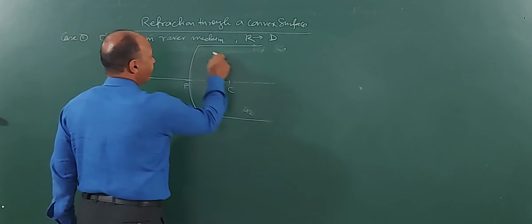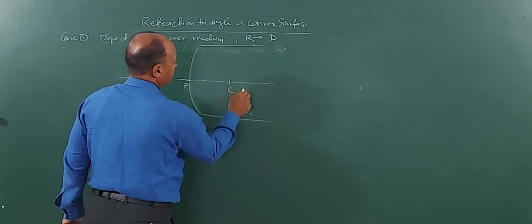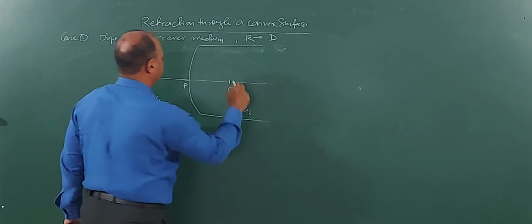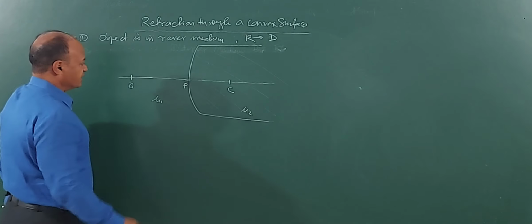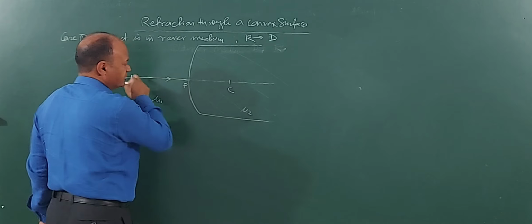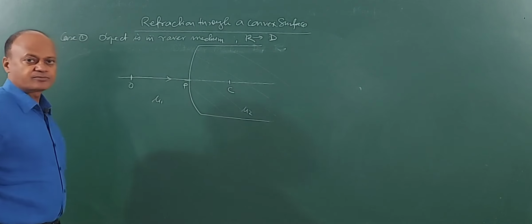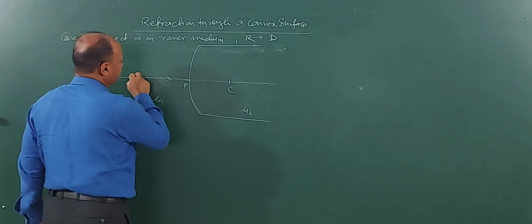This is our convex surface which is going to cause refraction. I am going to take two rays. The first ray I am taking through the pole. Actually, this ray is along the normal, so it will go straight. Now I am taking another ray which is incident obliquely at a certain angle.